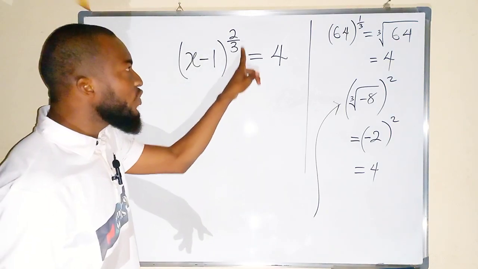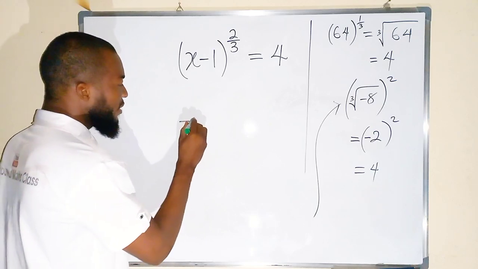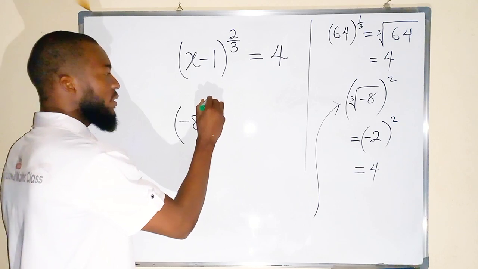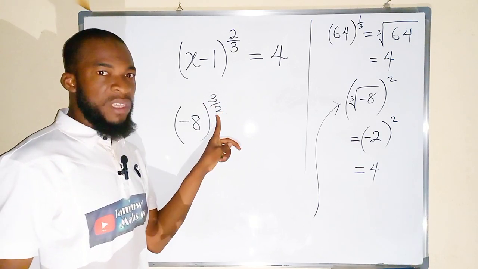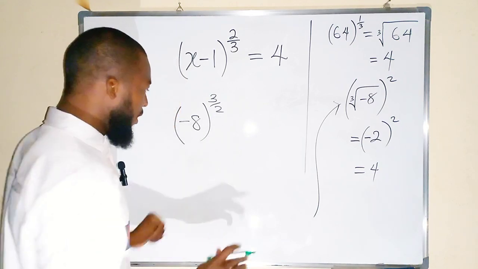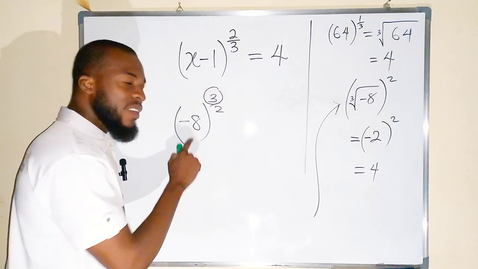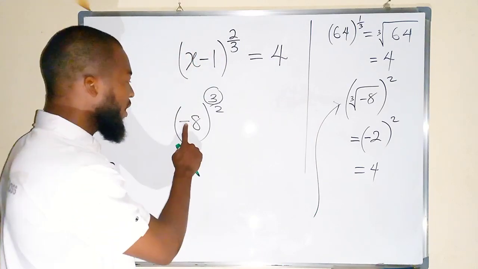Suppose we have 3 divided by 2 instead of 2 divided by 3. So if you have negative 8 to the power of 3 divided by 2, you see this time around our denominator is even. Irrespective of which one you started with, if you started with the power of 3, raising any negative number to an odd power will not change the sign.